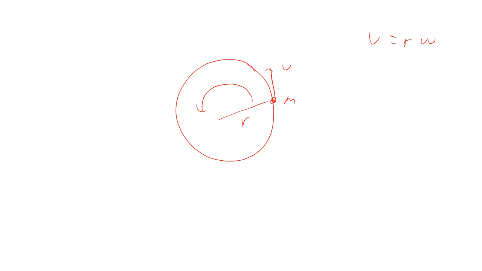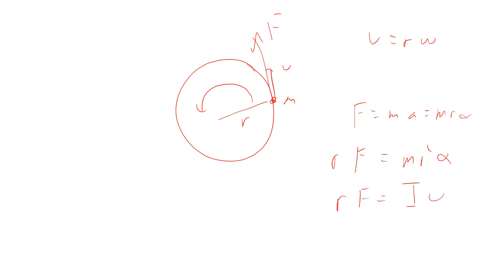We already know that force F is going to accelerate it, so F equals ma, that equals mr alpha. And we also know that r times F is mr squared alpha, or if this is a system of things, it'd be the sum of mr squared, so that'd be I alpha.